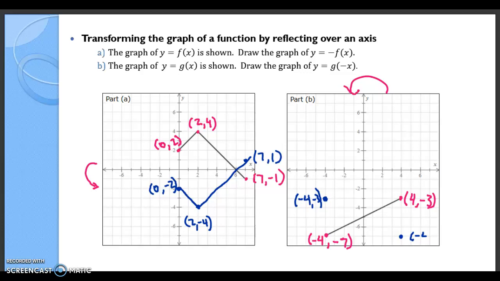So positive 4, negative 7. And then I'm going to have a line like that. I can check those points in the middle to see if they would reflect the same too.